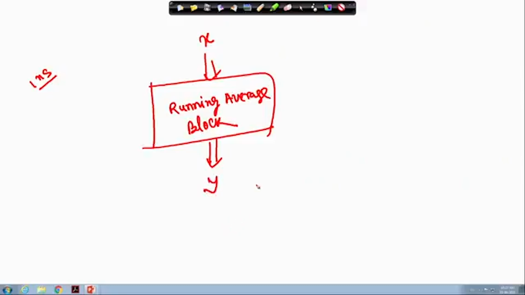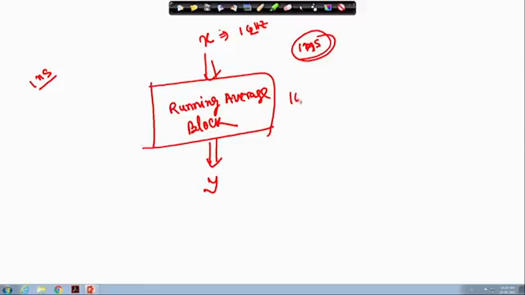They will also have some clock frequency. If I consider the sampling speed as 1 gigahertz, each sample comes at 1 nanosecond.